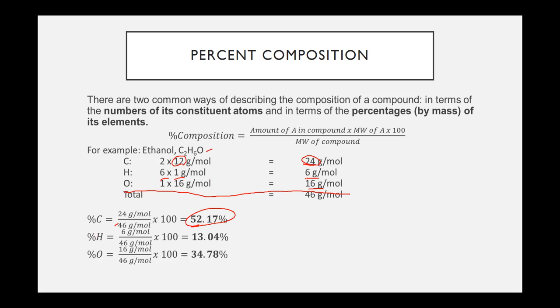Sa computed natin kanina, we have 6 grams. So the 6 grams will also be divided with 46 grams times 100 will be equal to 13.04%. And our oxygen, same way, 16 grams divided by 46 grams times 100 is equal to 34.78%.